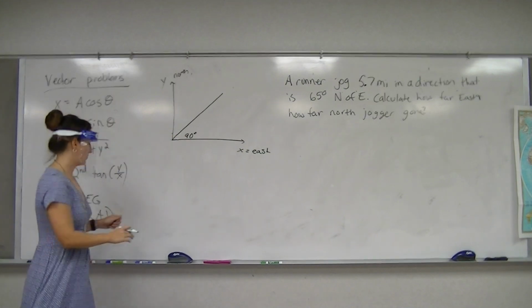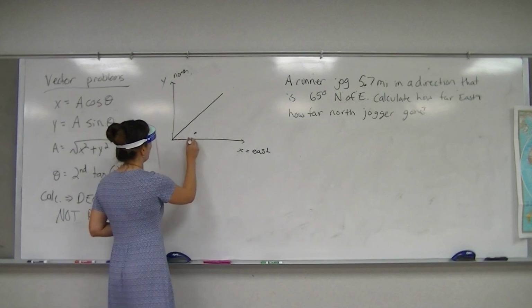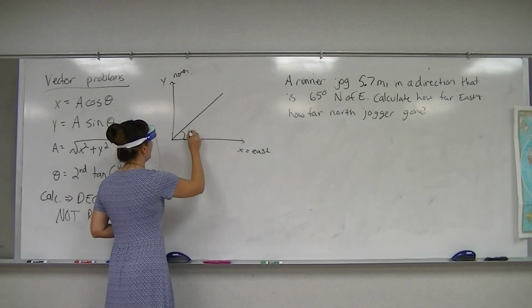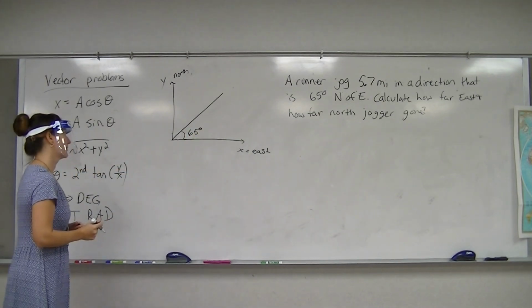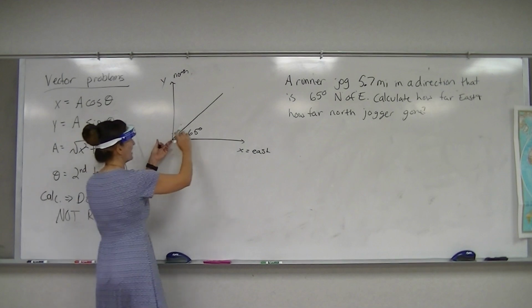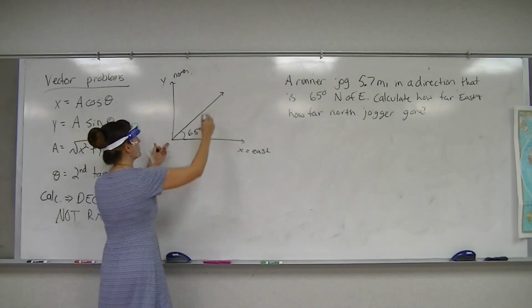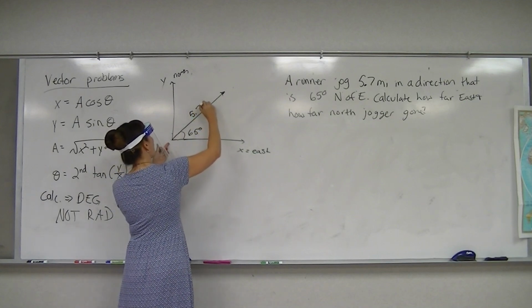This isn't to scale, but just trying to show how to figure that out. So this angle right here, this is my 65 degrees from the question. Okay? This is the vector that the person ran, the distance they ran. So this whole line right here is going to be my 5.7 miles.